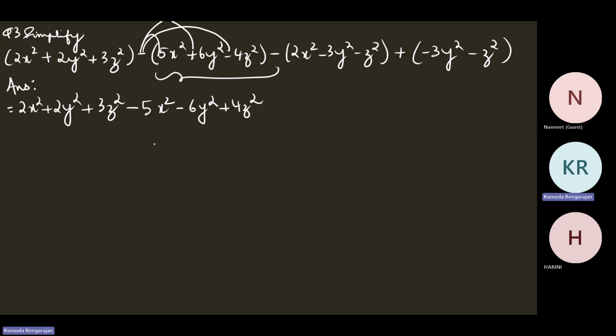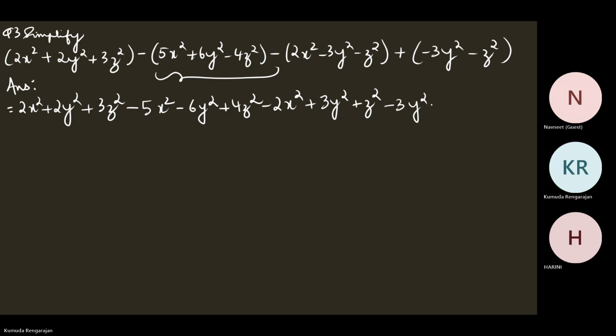Yeah, Harini, next one. Minus into plus is minus 2x square, ma'am. Okay, next. Plus 3y square, ma'am. Very good. Then plus z square, ma'am. Very good. Navneet. Ma'am, minus 3y square and minus z square.